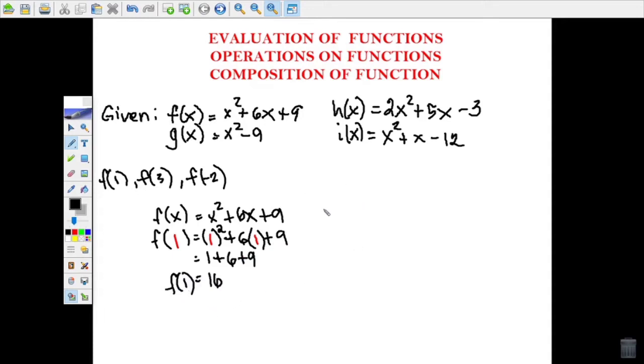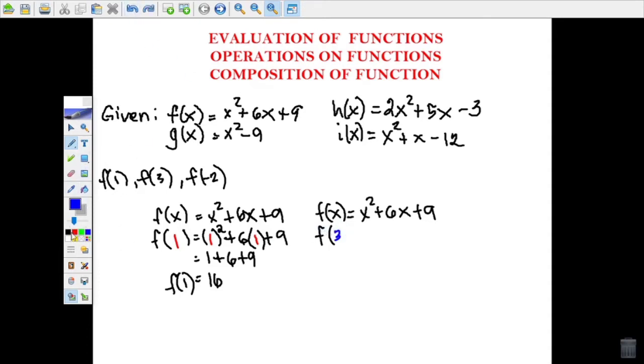Okay, how about f of 3? So again, we have the same function, f of x is equal to x squared plus 6x plus 9. So again, we're asked to find f of 3. So bagayin ko ulit yung kulay. So this time, the value of x is 3. Okay?